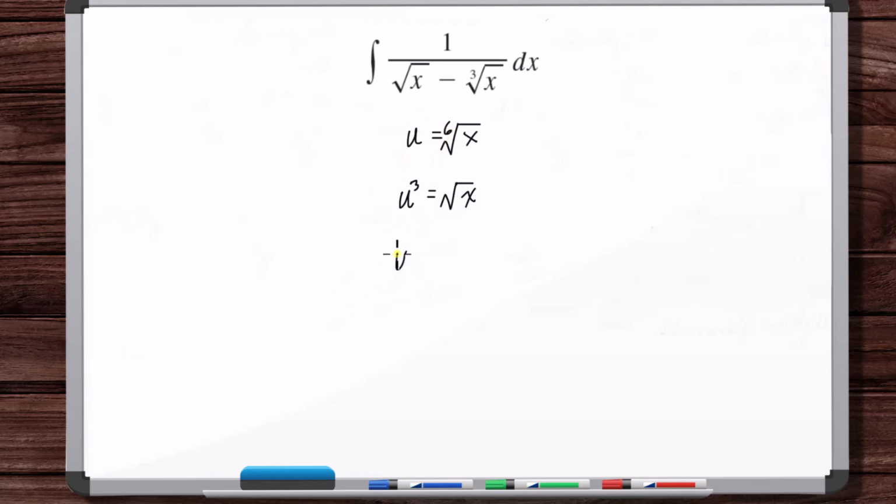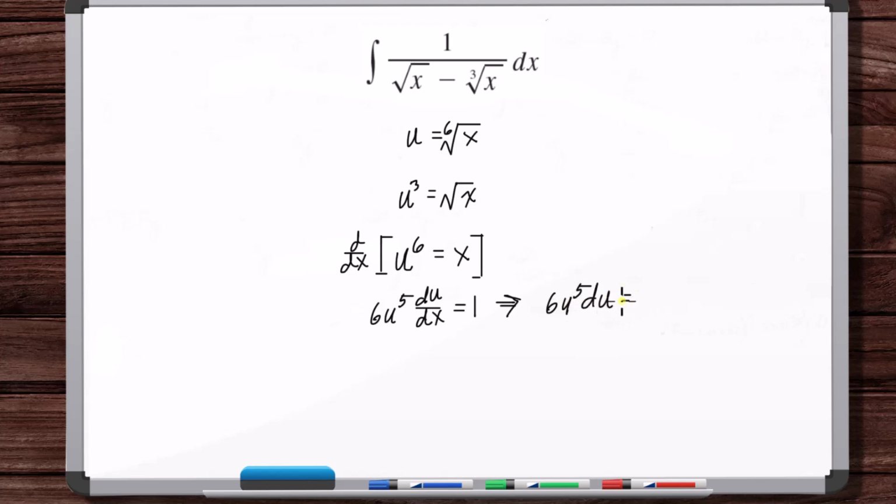All right, now u to the 6th is equal to x. So 6u to the 5th du is equal to dx.